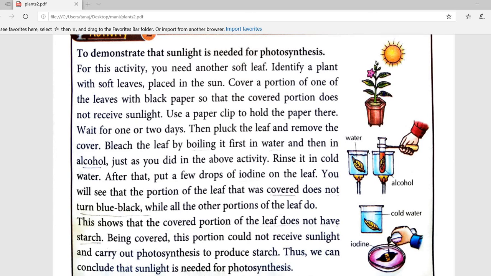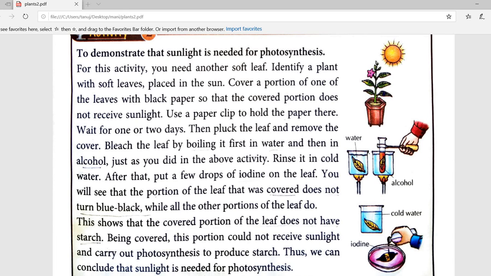These plants grow in the soil, and from there they absorb dead and decaying matter and take food.